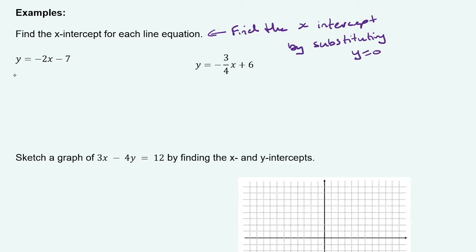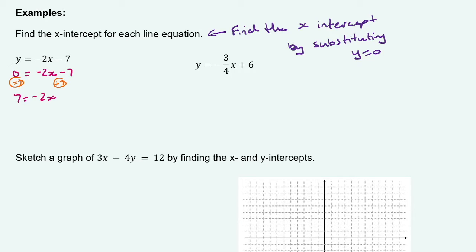So I'm going to put in 0 equals minus 2x minus 7. I'm going to use all of the algebra skills that we've learnt before to know that I need to add 7 to both sides, giving me 7 equals minus 2x.